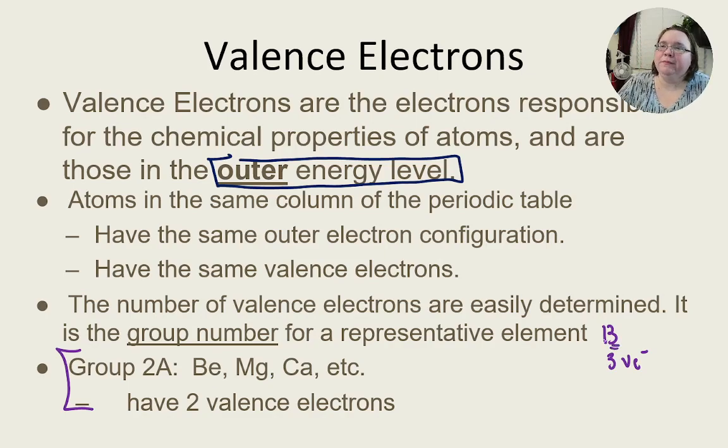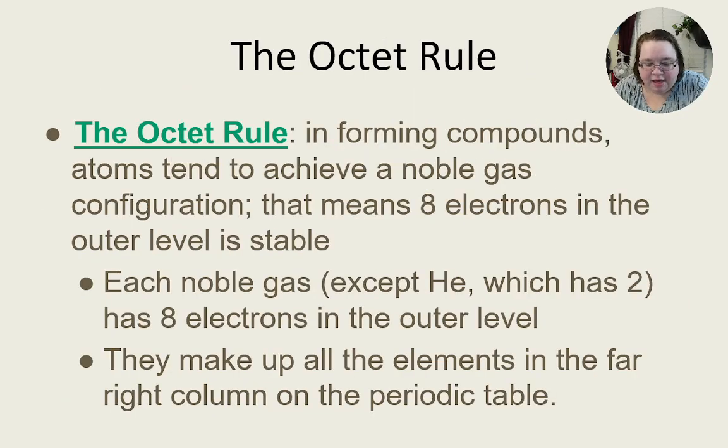Now, my octet rule, this is the rule that basically governs how elements are going to form bonds. Atoms tend to gain or lose electrons in order to achieve a noble gas configuration. Basically, in simple terms, that just means they want to have the same number of electrons as the noble gas in that outer energy level.